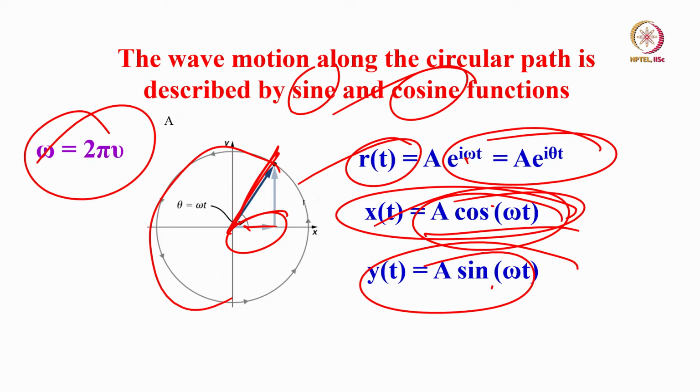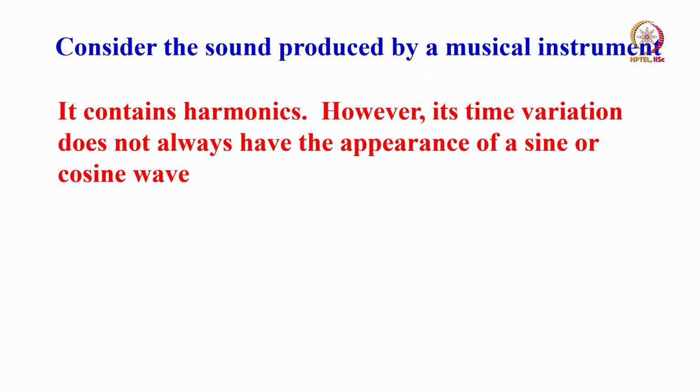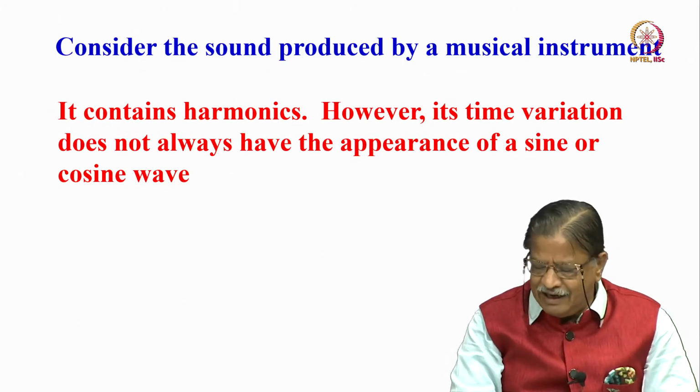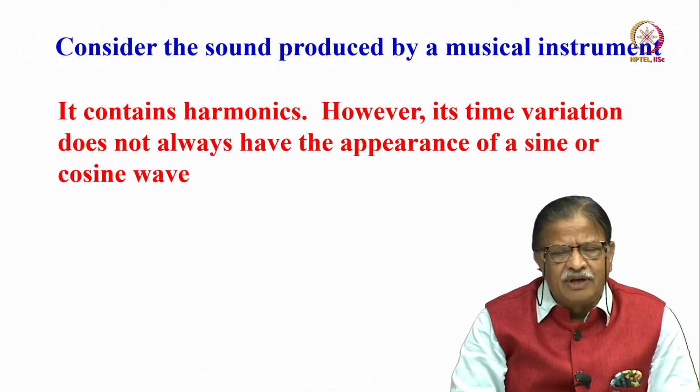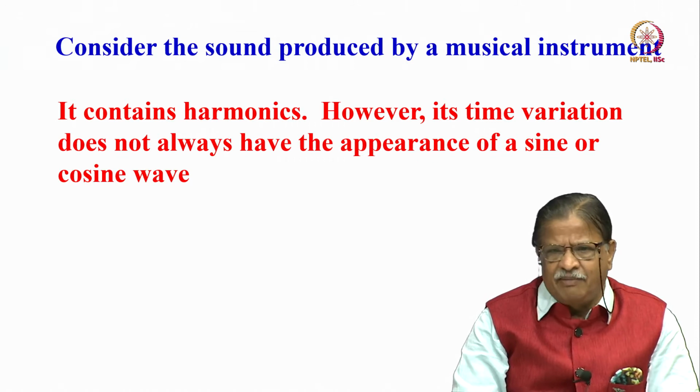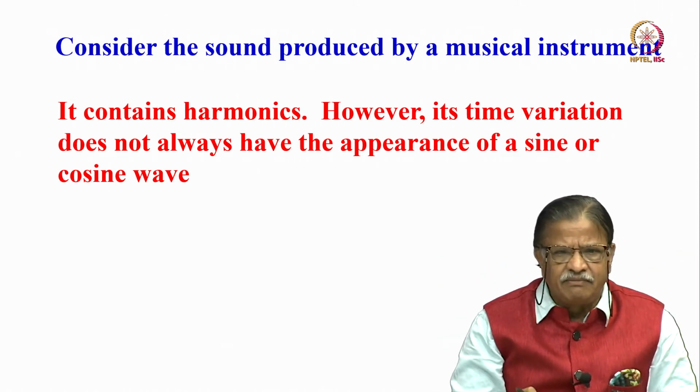So what I am trying to say is, in the previous case, wave motion and also motion along the circular path, all these things we can simply represent by the trigonometrical functions of sines and cosines. These two functions are enough to describe the motion of all these things. Now, let us consider another example. You would have heard of sounds produced by musical instruments like tabla or veena.